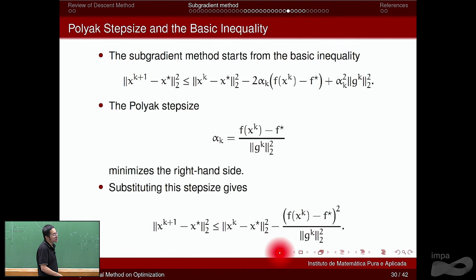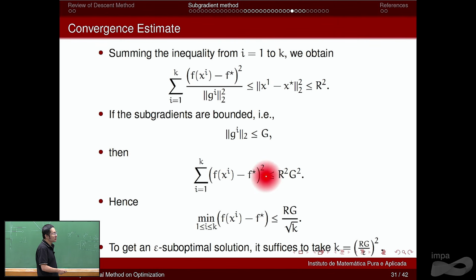We make a summation from i equals 1 to k, and we get this summation is less than this one, okay, and this means this is summable, okay.